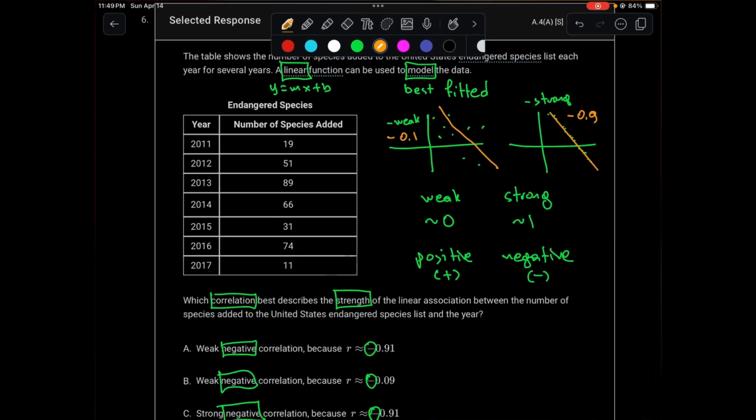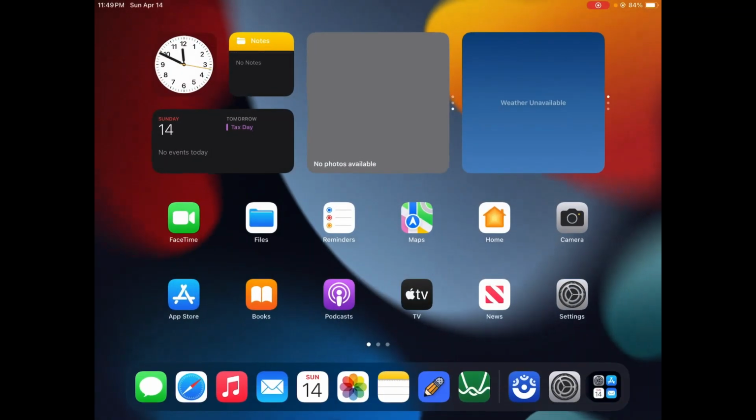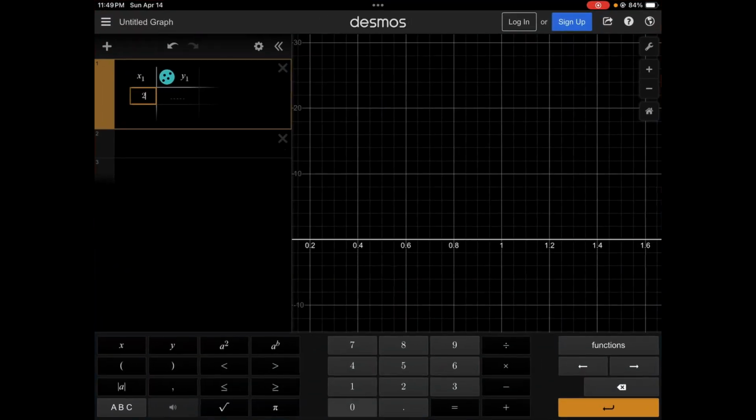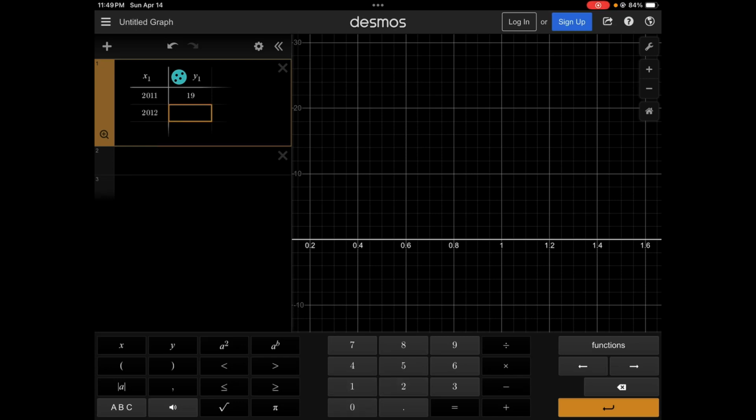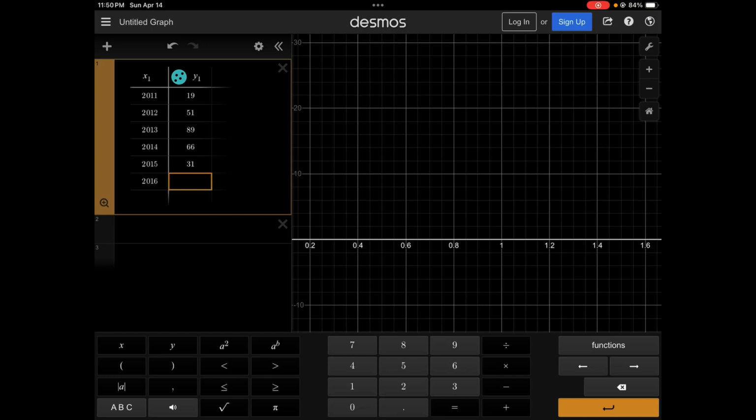Before I do that, let's call the years X and the endangered species Y. So we have 2011, 19; 2012, 51; 2013, 89; 2014, 66; 2015, 31; 2016, 74; 2017, 11. Okay, let's see what we got.